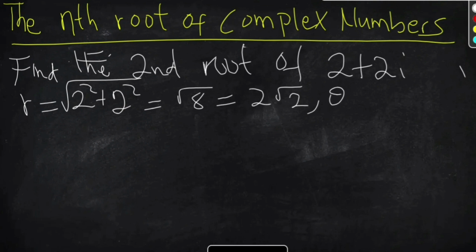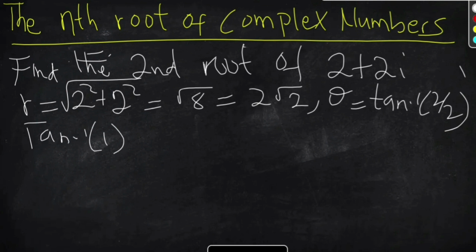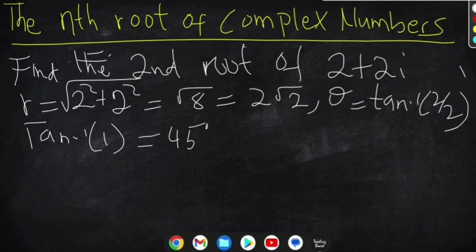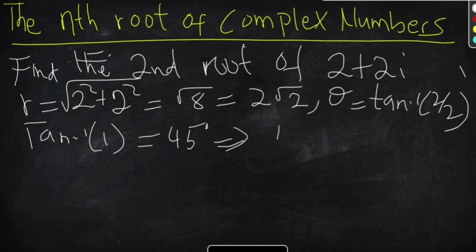Our angle theta equals tan inverse of 2 over 2, that is tan inverse of 1, which is 45 degrees. Because it lies in the first quadrant, our angle remains the same, but the formula is given in terms of radians. That means we have to convert this to radians. Converting 45 degrees to radians gives 1/4 pi.